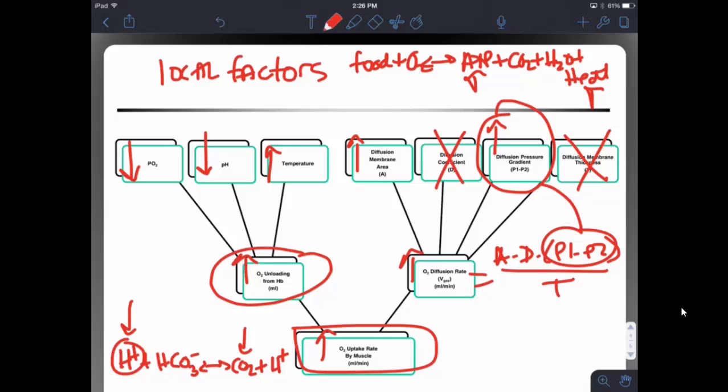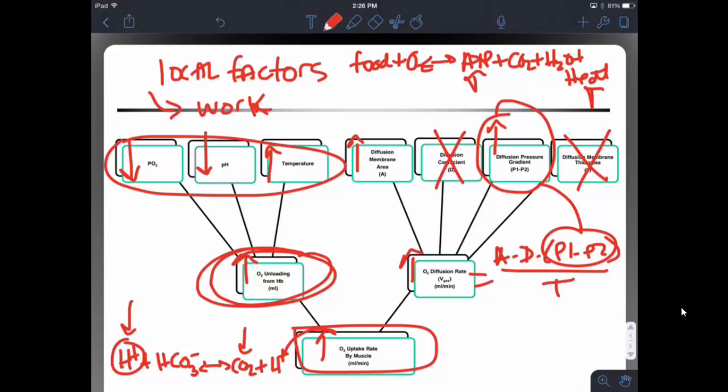When the actin and myosin slide, we get friction, and this generates heat. Higher heat is going to stimulate greater oxygen unloading because, again, it's an indicator of work. So if the local factors indicate that the cell is doing work, that means the cell needs more ATP and more oxygen, we get more unloading so we can take up more, and that causes an increase in AVO2 difference and an increase in VO2max.